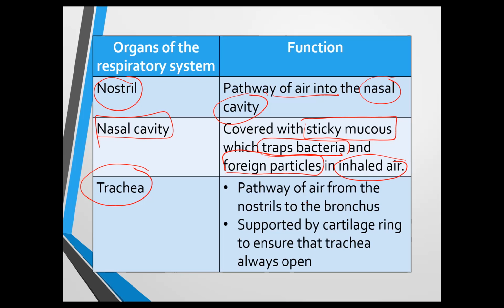Think of the trachea like a bridge. A bridge is the pathway of air from the nostril to the bronchus. So you want your air to go from your nose to your lungs. Your trachea is the bridge, like a very famous bridge.